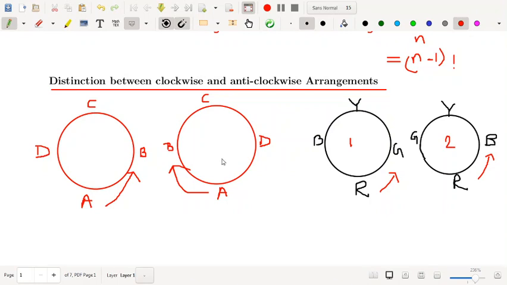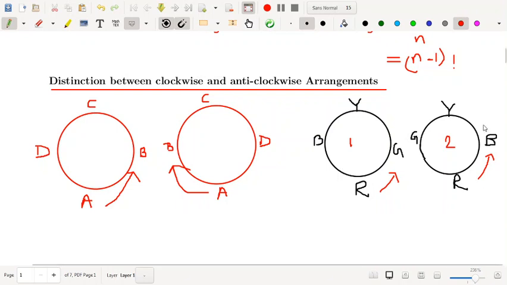So what we can say, the two arrangements will be considered as one arrangement because the order of flowers is not changing, rather only the side of observation is changing. If you see from one side, then green is on the right hand and blue is on the left hand.